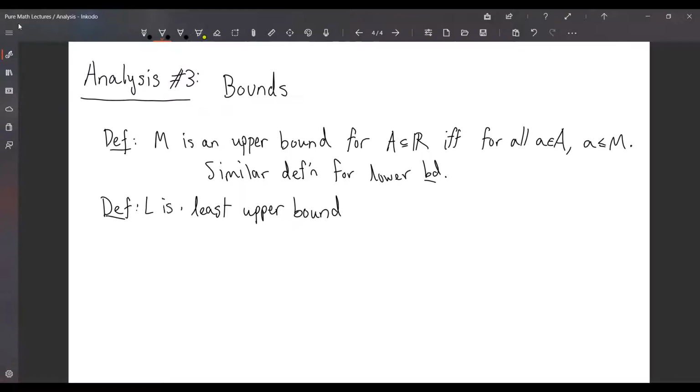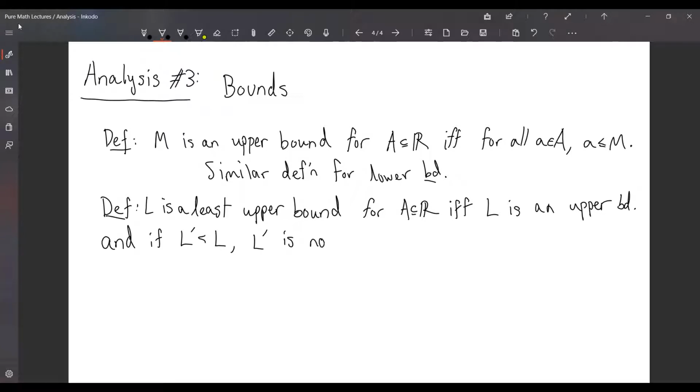I'll say L is a least upper bound for A, some subset of the real numbers, if it is an upper bound and if L prime is any number less than L, L prime is, I should emphasize, not an upper bound for A. And so that's where we get this least upper bound, right?